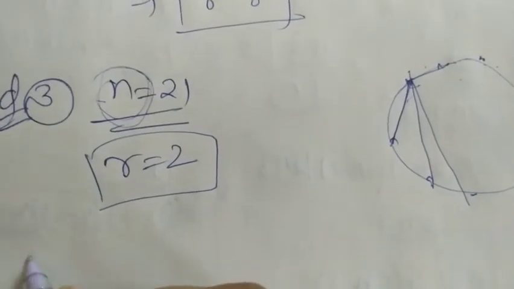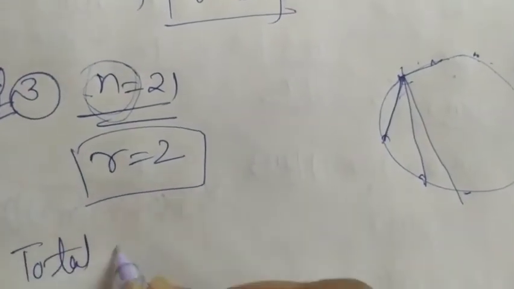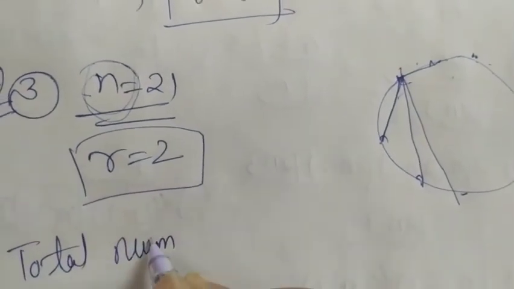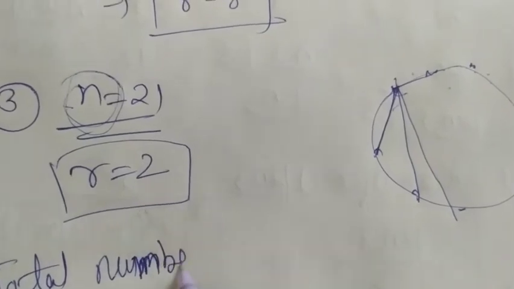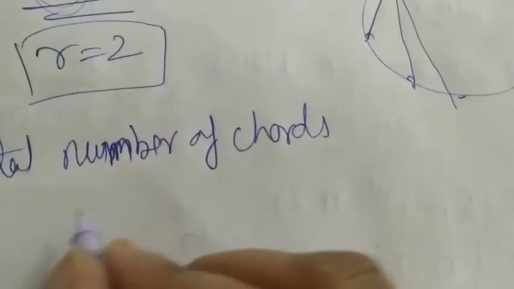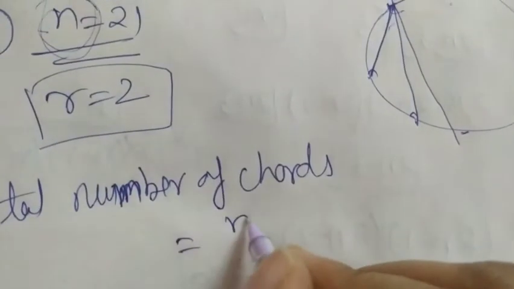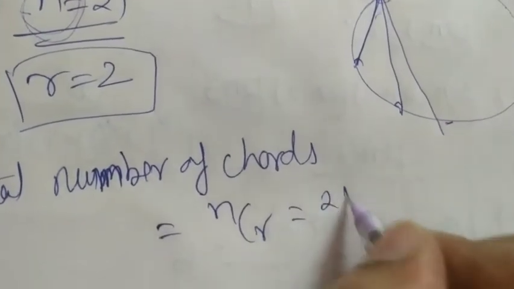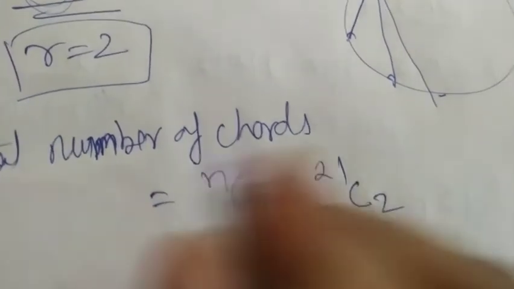So the total number of chords will be equal to nCr, that is 21C2.